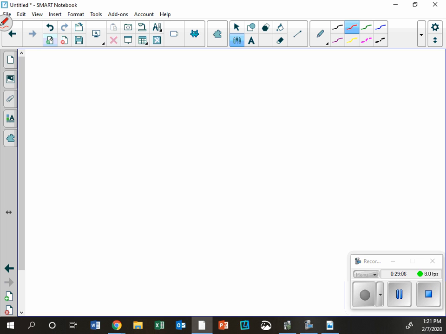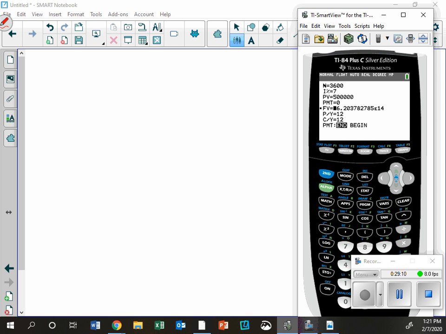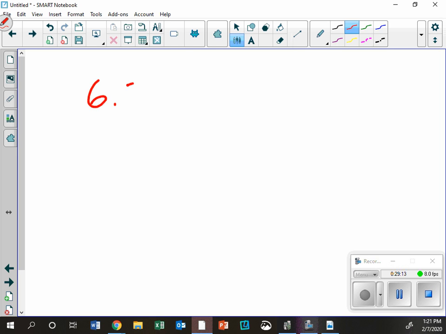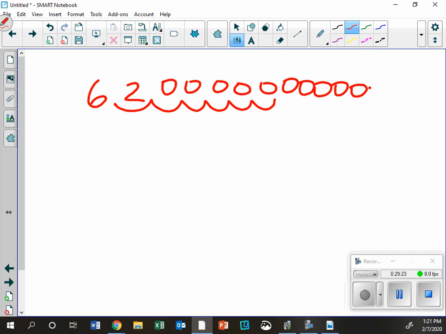So I get 6.2, and I want to move the decimal 14 spots. 1, 2, 3, 4, 5, 6, 7, 8, 9, 10, 11, 12, 13, 14. Putting in a decimal, that's how much money there would be.